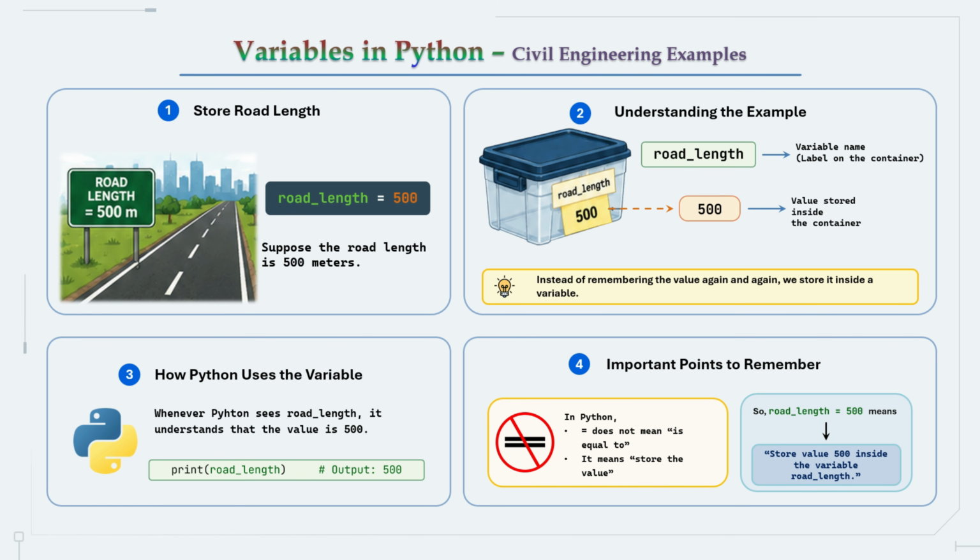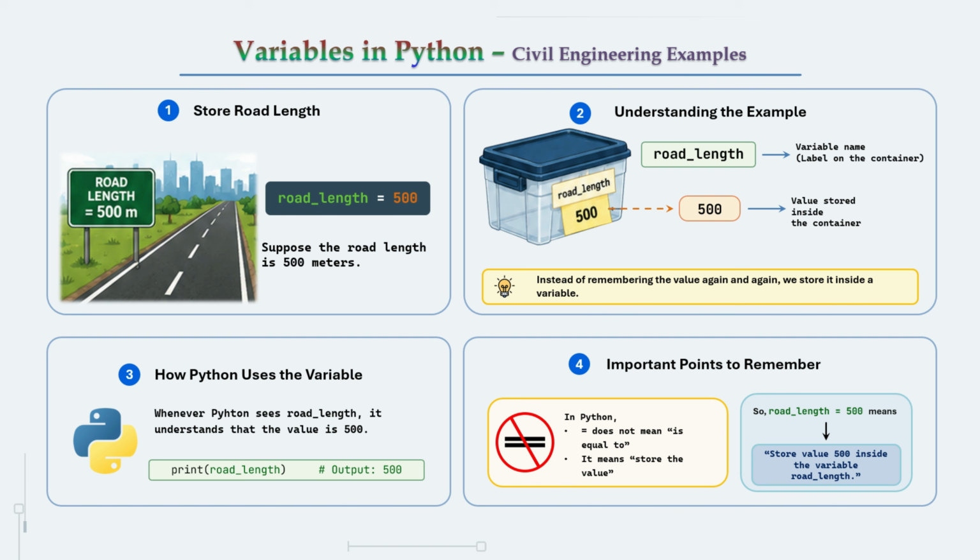Think of it like placing a file inside a labeled folder. Folder name is road_length and the file inside is 500. Python is simply storing the value inside the variable. So remember this carefully. road_length = 500 means store value 500 inside the variable road_length.